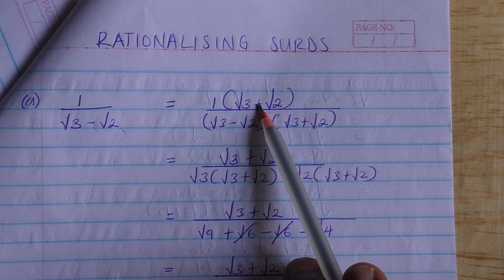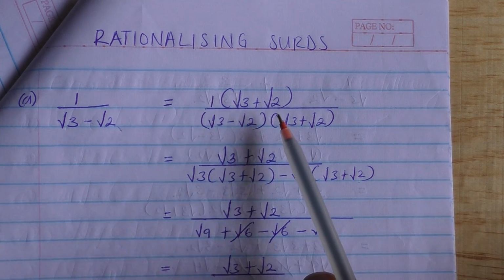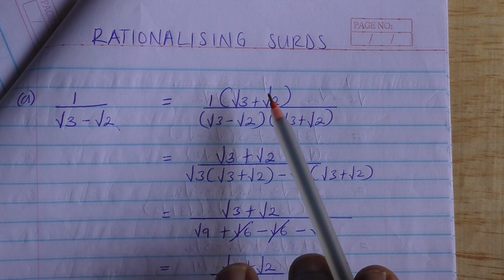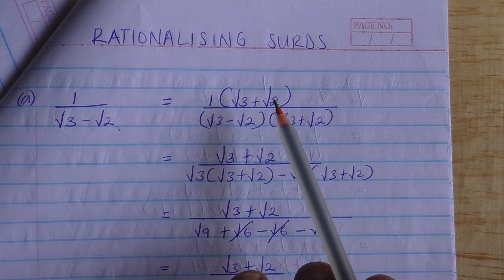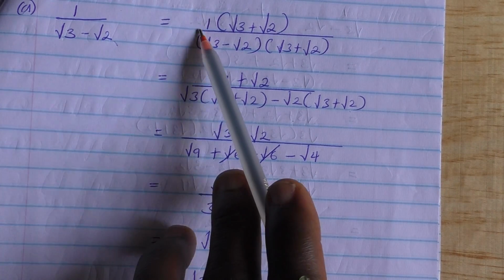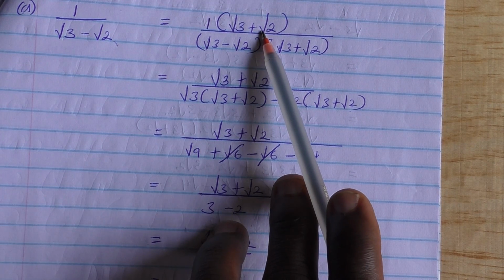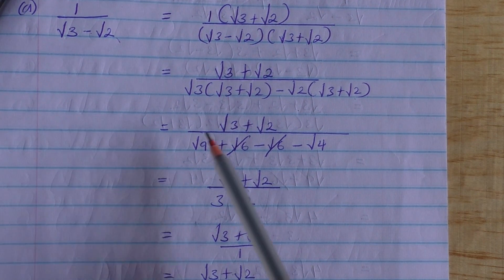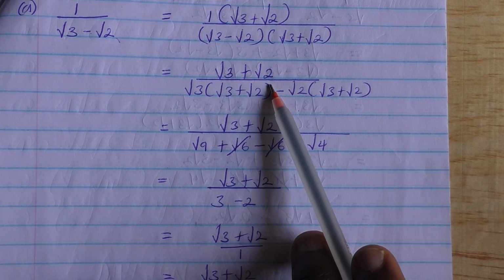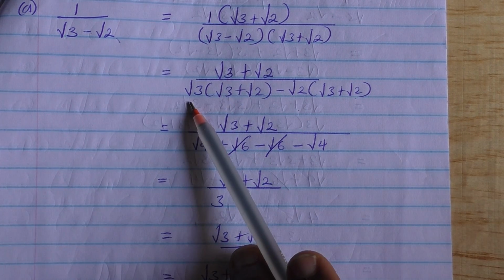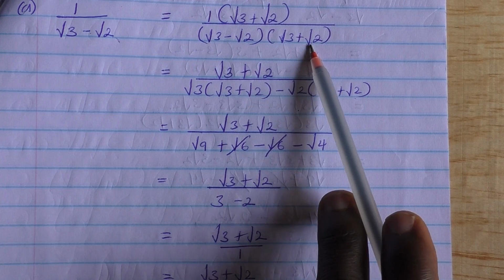So that is how we rationalize Surds. So after knowing that principle, then the rest is just simplifying. So we multiply 1 by the bracket, and since it is a 1, we shall remain with the very bracket. Then down we are multiplying 2 brackets.